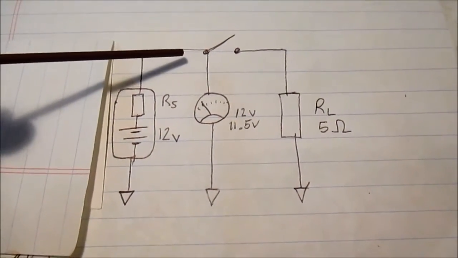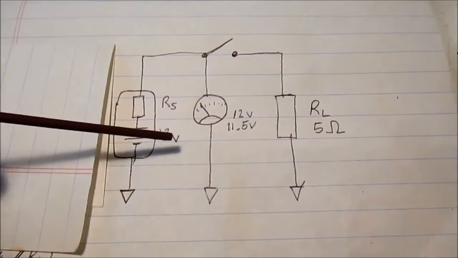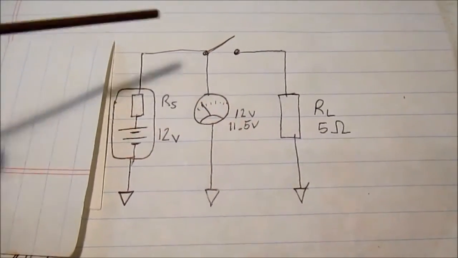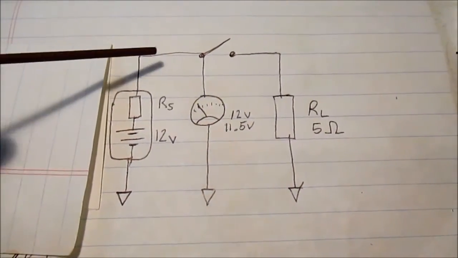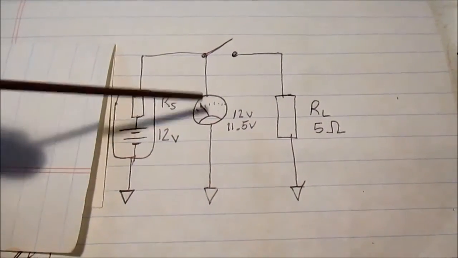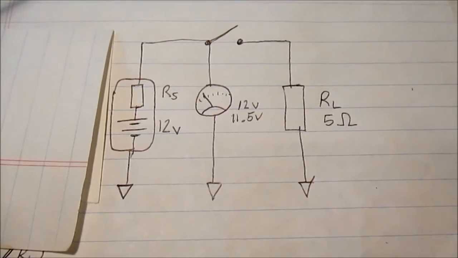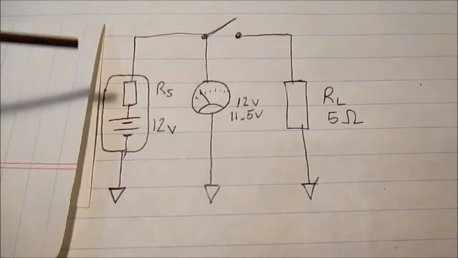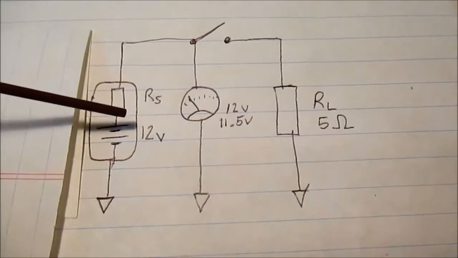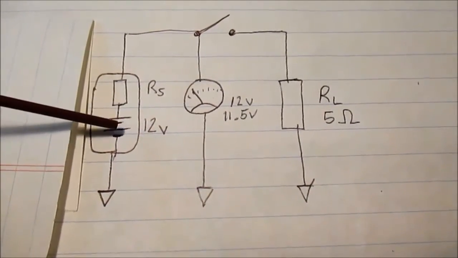With the switch open, so there's no load, we'll measure 12 volts because there's no current. Yeah, somebody's going to say, well, you might get a little bit of current through the meter, but for all intents and purposes, the meter is a very, very light load. It's not going to affect our circuit or our voltage.